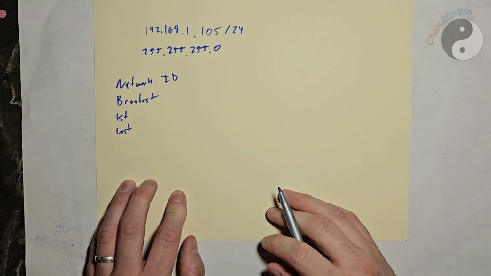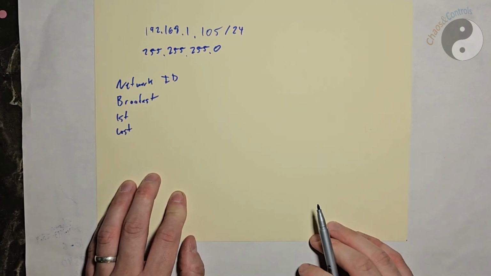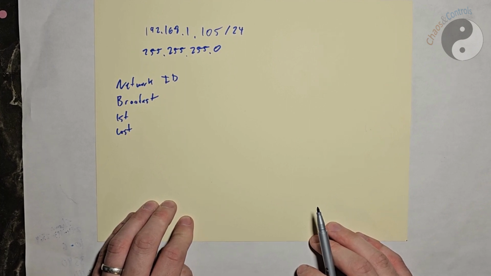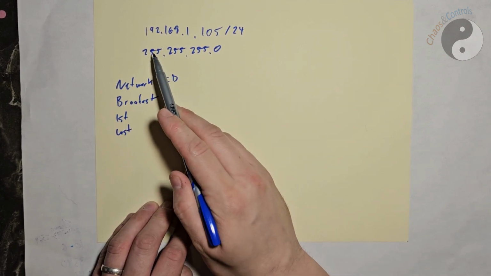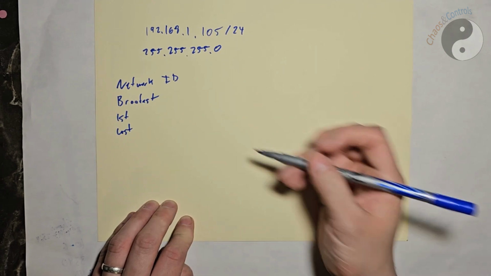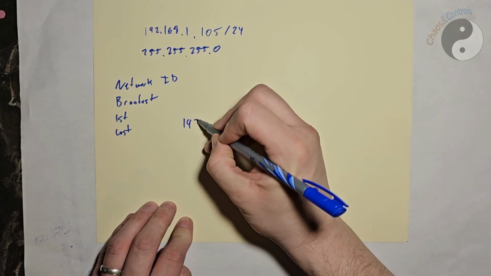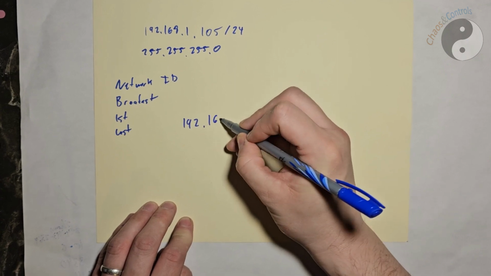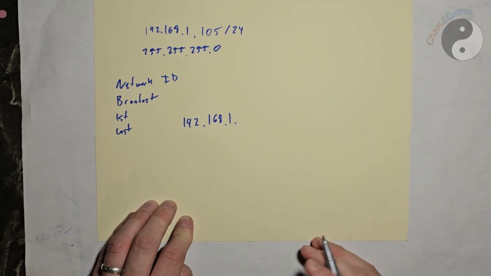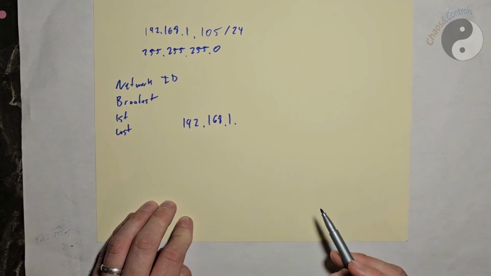So in your typical example, what I have to do is write out all of the binary. I know that I'm going to keep 192.168.1 because they're all ones, and then I'm going to write out the full binary expression for this 105.